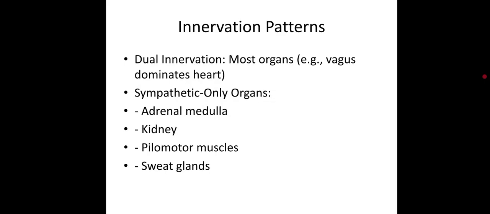Now comes the innervation patterns. There is a dual innervation. Dual innervation means, for example, the heart receives both parasympathetic and sympathetic innervation.